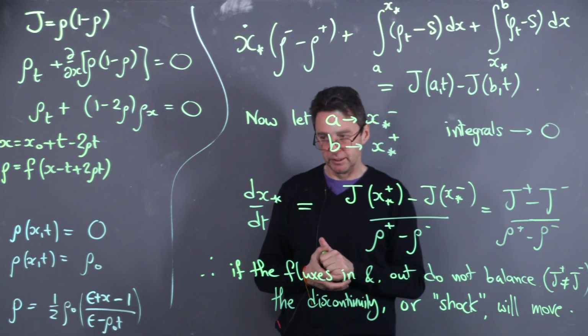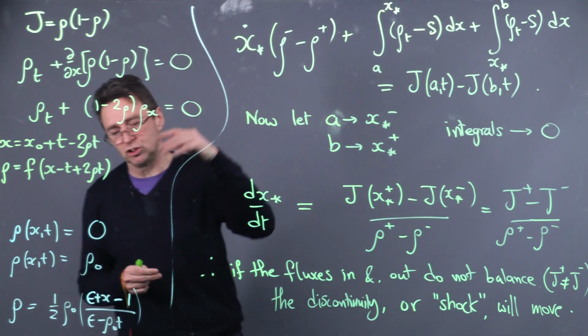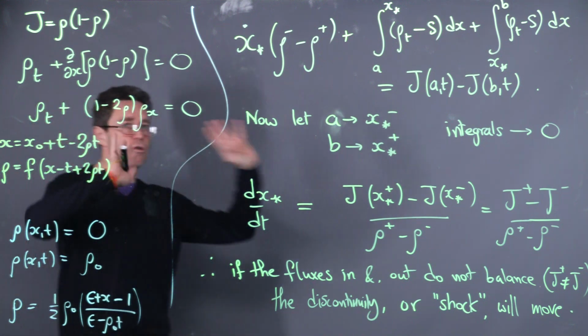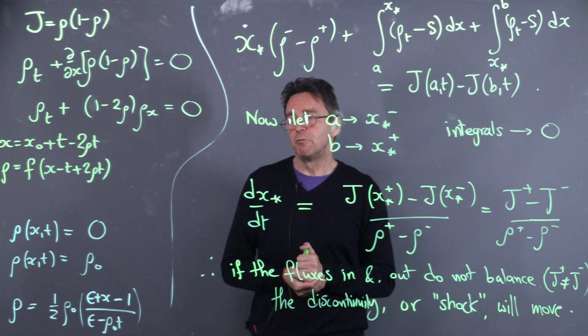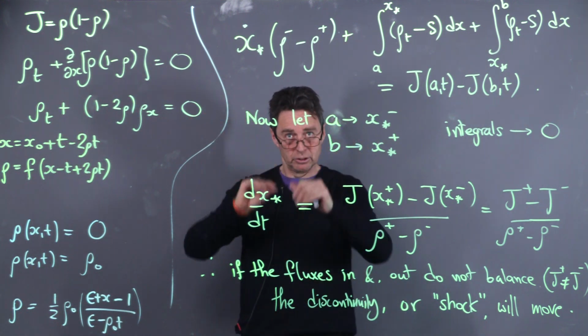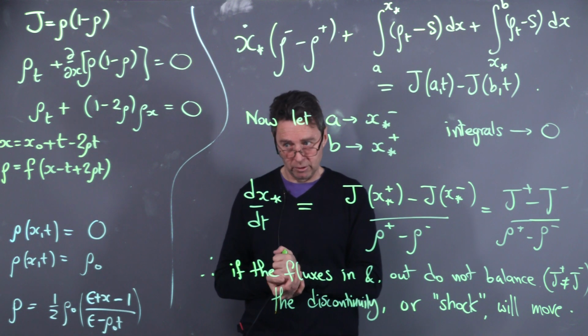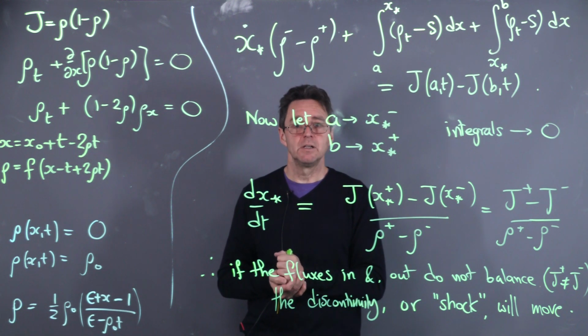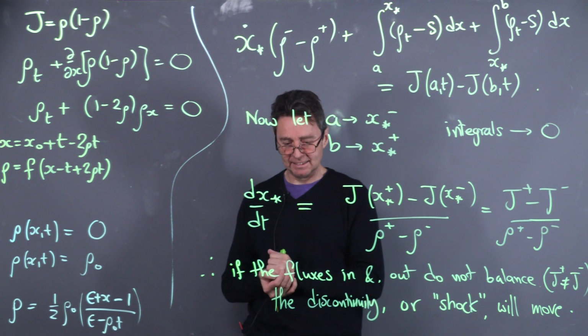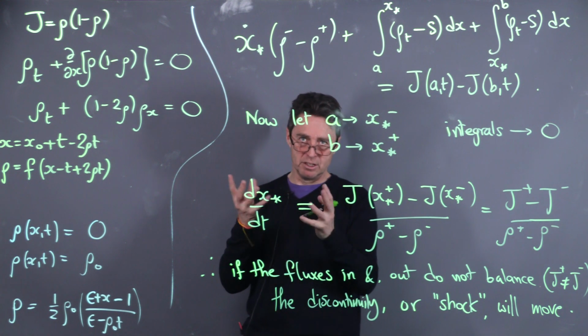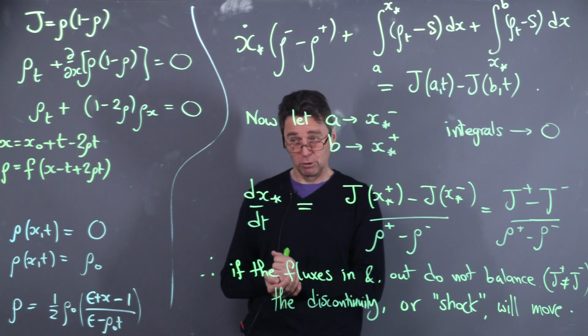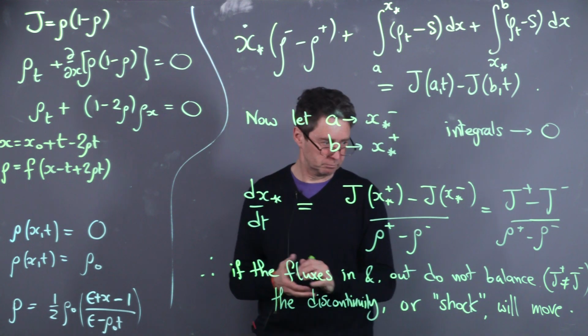People like to refer to it as a shock. Rarefactions, shock steepening, shocks, all of that terminology came from gas dynamics, because that's originally where people worried about a lot of this kind of stuff. So you get shocks in gases and stuff like that. And our physical model problem is actually traffic flow though.